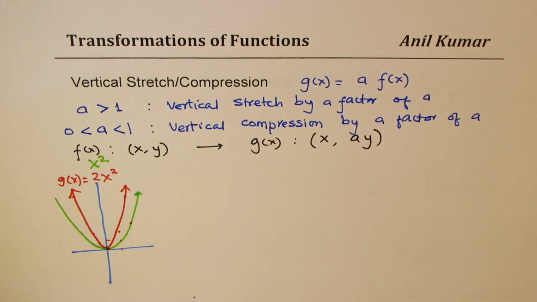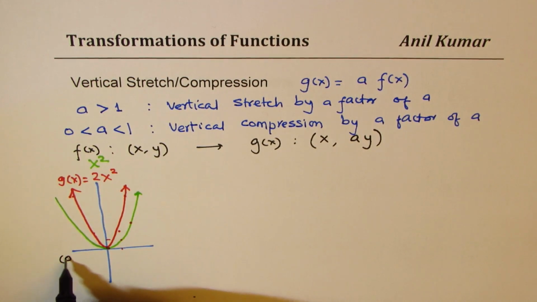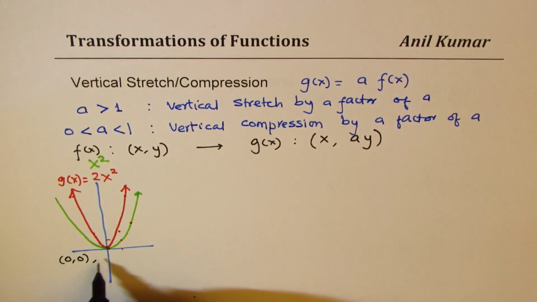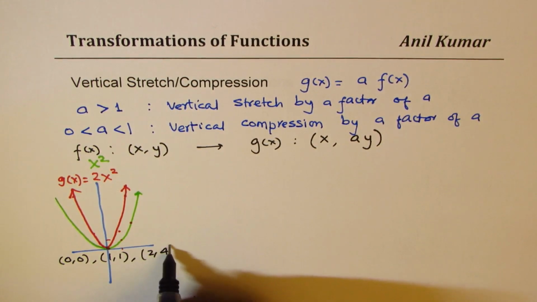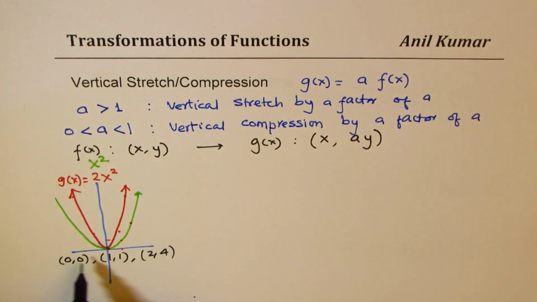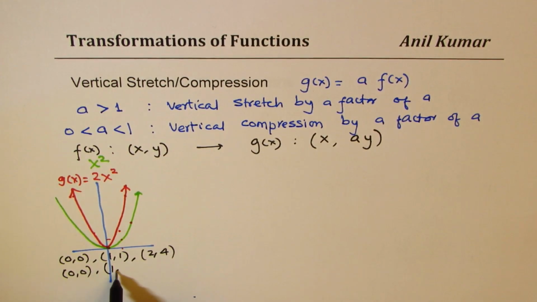So basically, what you notice in this case is that the points which on the original function are, let's say, 0, 0, 1, 1, 2, 4, these will get transformed into 0, 0, which remains 0, 0. 1, 1 becomes 1, 2.